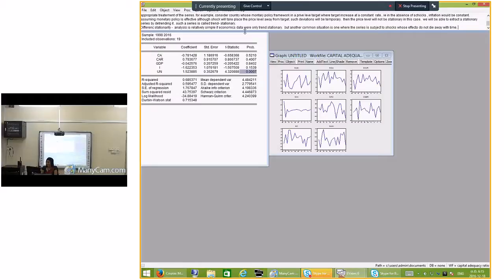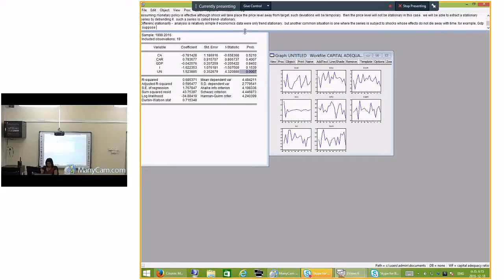For example, GDP. If you consider the variable GDP, suppose GDP growth comes purely from inventions and gains in knowledge.